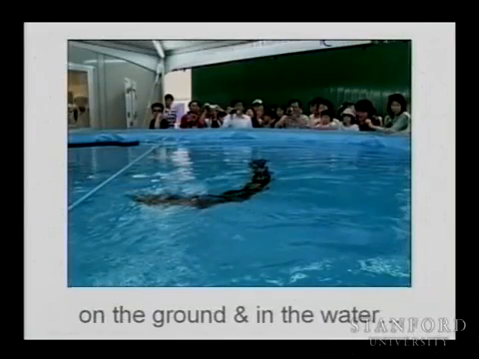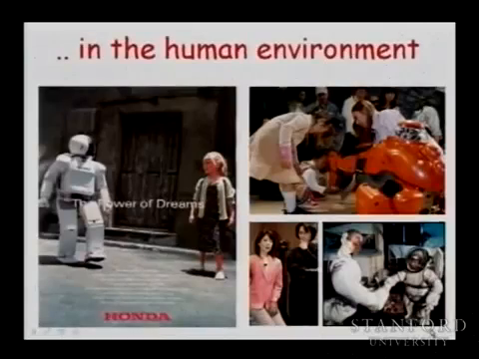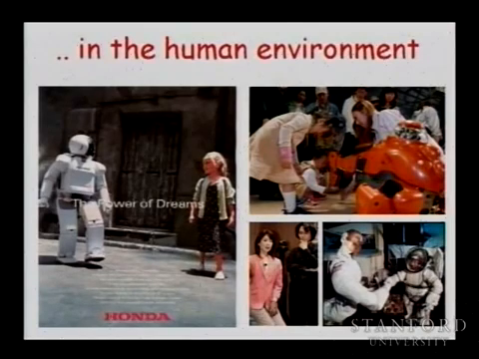Anyway, the thing is, robotics is getting closer and closer to the human. And as we see robots getting closer to the human, we are facing a lot of challenges in really making these machines work in the unstructured, messy environment of the human.